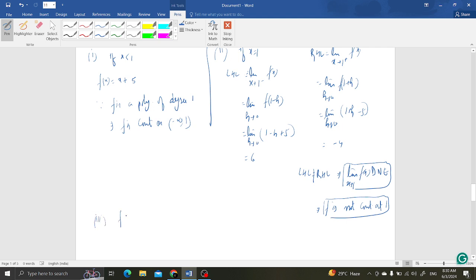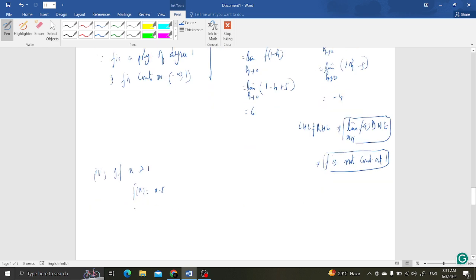The third part is if x is greater than 1, then how is the function defined? f of x is x minus 5. Since f is a polynomial of degree 1, f is continuous from 1 to infinity.